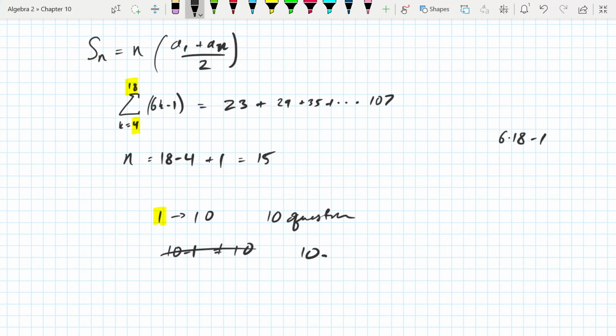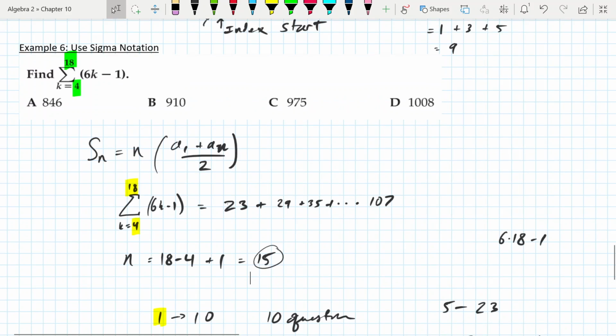So it'd be 10 minus 1 plus 1 for that 1 I start counting at. And it'll get me back to 10. This is what I do on every homework assignment as well. I assign you 5 through 23. I take 23, I subtract the 5, but I know if I do that, it's not going to give me the 5 that I started counting at, so I add 1 more to it. That's the same thing that's happening here and allows us to find our end value of 15. So that's just a little aside of what we do.